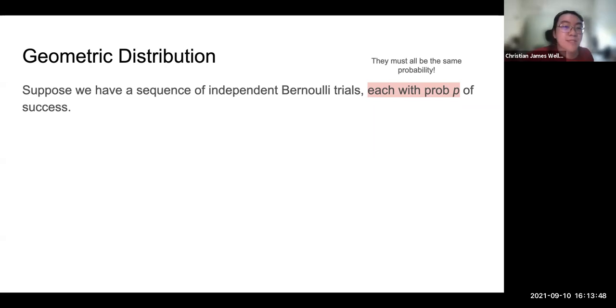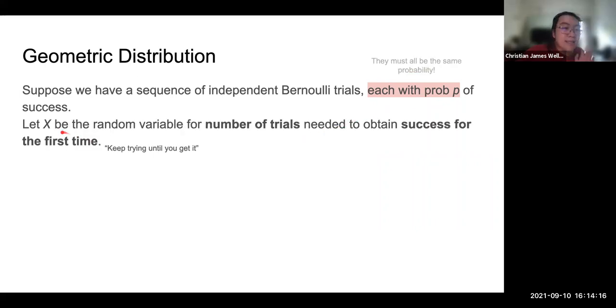Suppose we have a sequence of independent Bernoulli trials. So this is you doing the experiment, the Bernoulli trial, repeatedly, like flipping a coin repeatedly, for example. Each of them has probability P of success. So in the case of coin flips, it will be half. You're doing the same trial over and over again, so they must have the same probability.